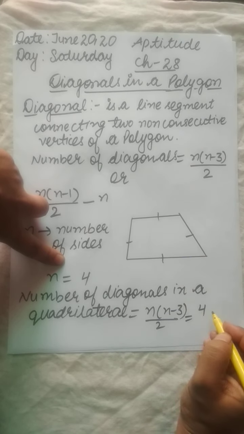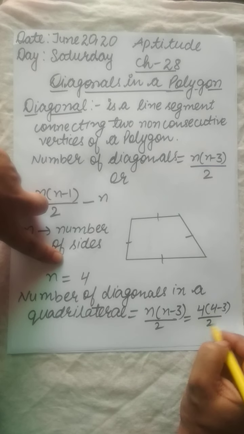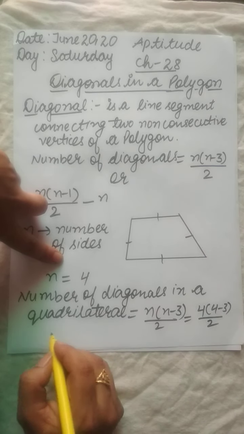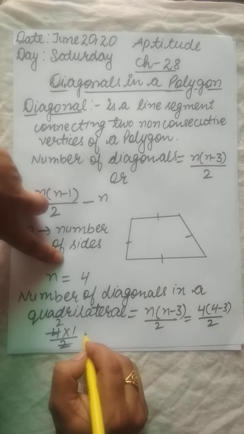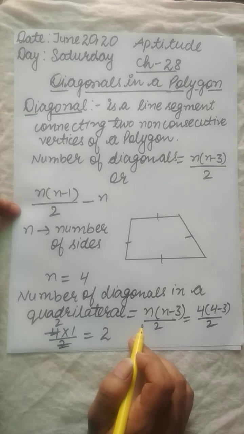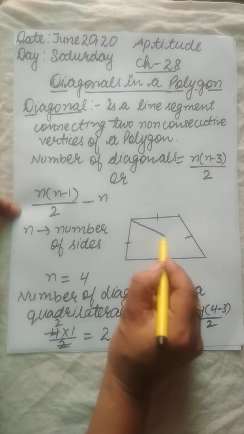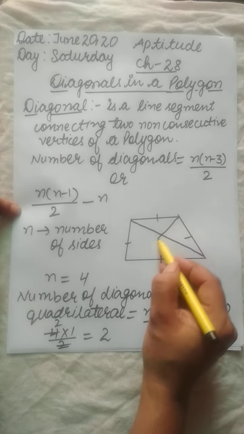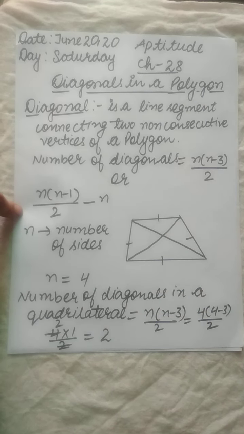That is 4 into 4 minus 3 by 2. 4 minus 3 is 1. That is 4 into 1 divided by 2. 2 2s are 4, so that is equal to 2. You can say that the number of diagonals in a quadrilateral is 2. You can also draw it like this. So hence a quadrilateral has 2 diagonals.